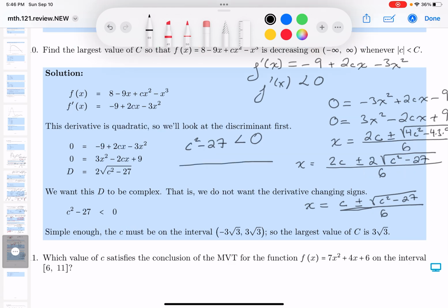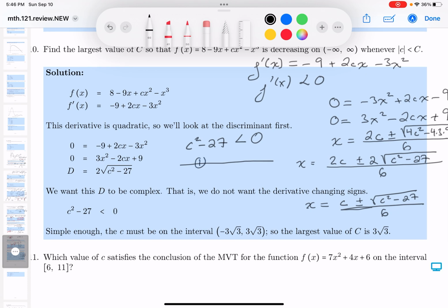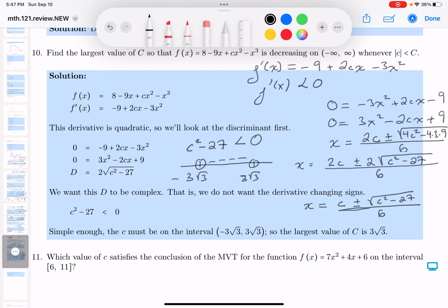It's going to be plus or minus 3 root 3. And let's just be careful. I want that to be negative. So if you chose 0, that's where it's negative, right? So I know my c now is between minus 3 root 3 and 3 root 3.